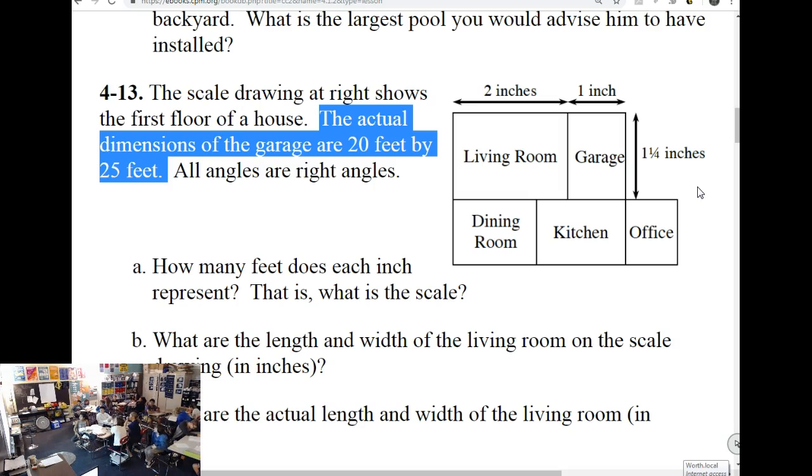Based off what I've highlighted, we should be able to figure it out. Anyone know? Braylon? Yeah, 1 inch equals 20 feet, because they give us the dimensions of 20 by 25. The 20 has to relate to the 1, because 1 1/4 is bigger. So that's got to be my 25. So it's 1 inch to 20 feet, and we could then solve problems from there.